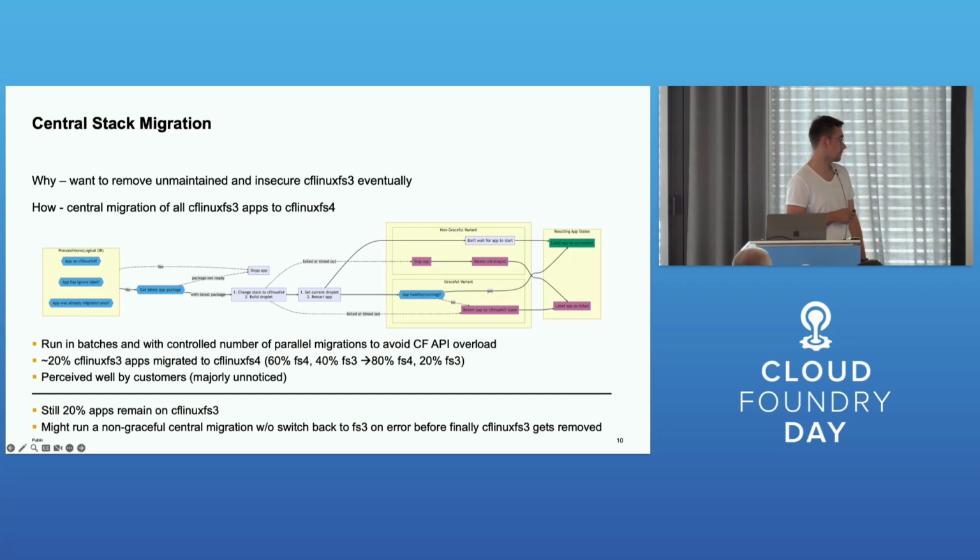And we actually got roughly 20% of apps to be migrated from FS3 to FS4 with remarkably little customer impact, so it was well perceived. Not many complaints. It basically went unnoticed. And on the downside, we still have 20% of apps on FS3, and we don't know what to do with it. Like maybe the non-graceful variant, but we'll see.